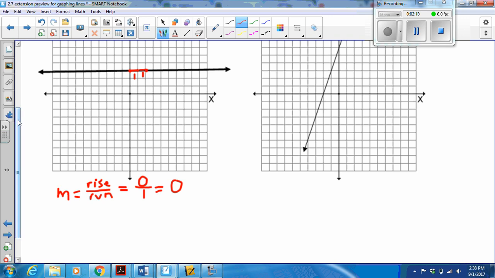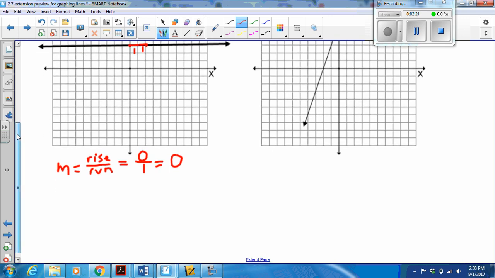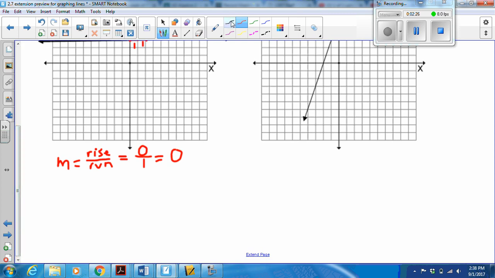Now what we have to do is find the rest of our equation. In order to do this, I'm going to use what is called point slope form. So I'm going to write that down. That means we are going to plug our slope and a point into our equation.